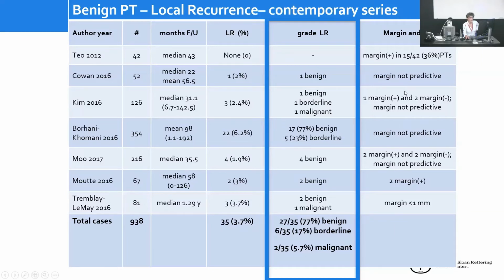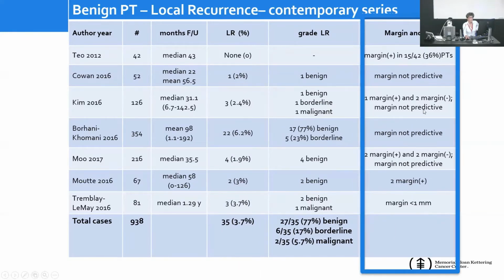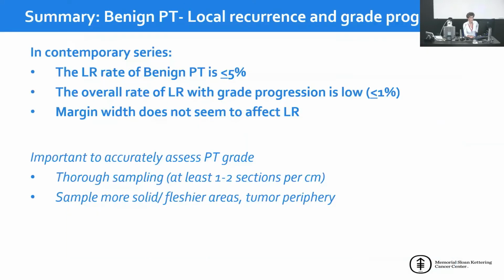But if we look at the margin status, it looks like the margin does not relate to local recurrence, and is not predictive whether it's positive or close. All these studies really found that the margin did not correlate with the local recurrence of phyllodes tumor.